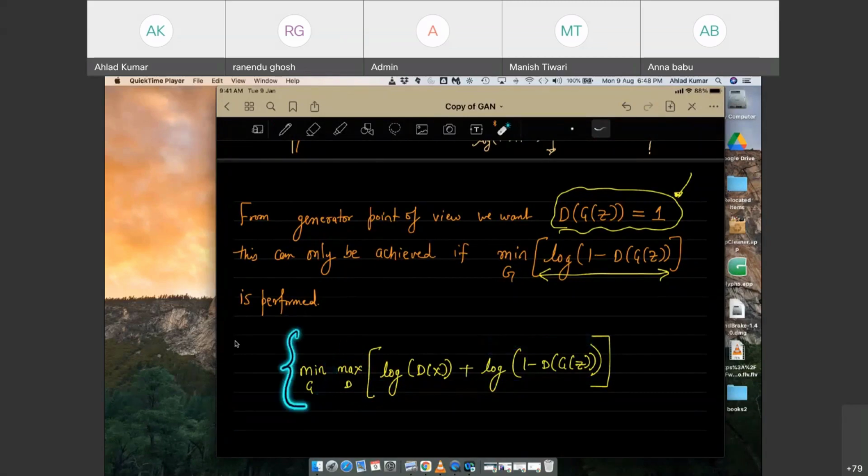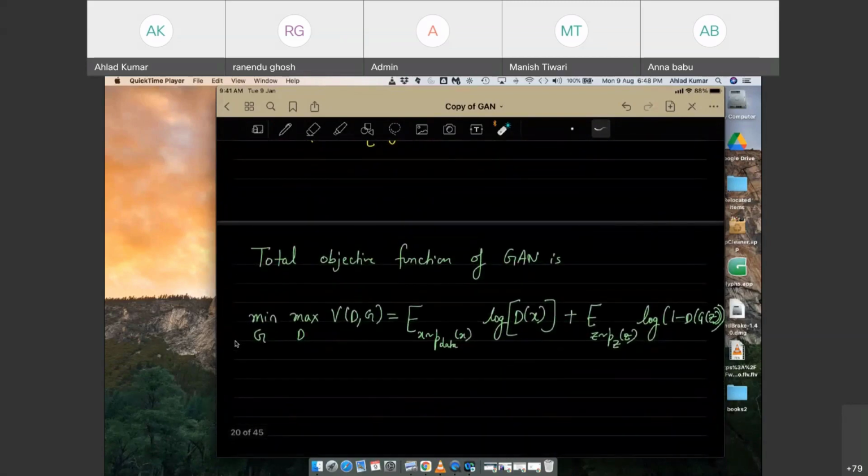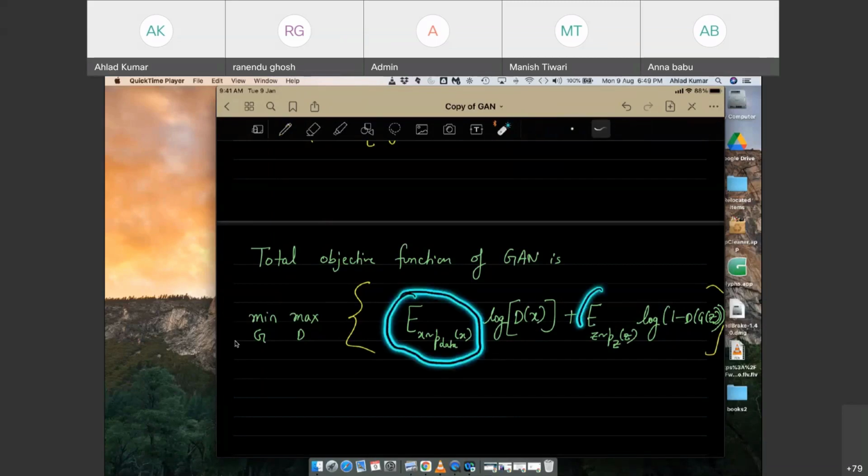So this is somewhere or the other the objective function of GAN, but we are not close to what's written in the paper, and the exact expression for that is this. So let me erase this. So the exact expression is this. And here we have extra terms, which is the expectation operator here, and again another expectation operator this side.